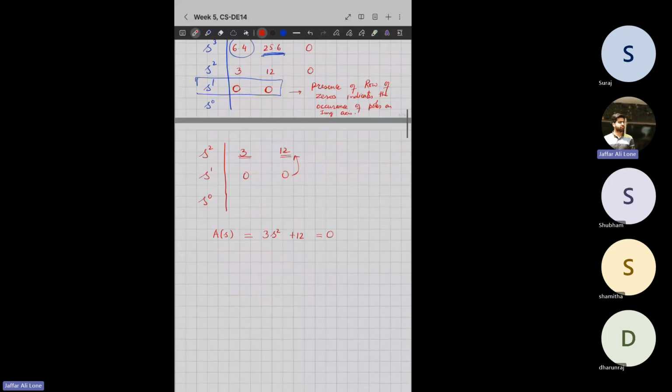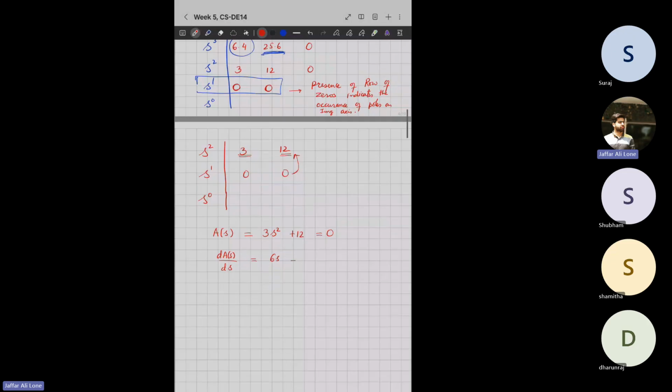Then after this, we differentiate it. I differentiated dA by ds, and what I get is 6s plus 0. Then I will use the coefficients of this derivative of the auxiliary equation to populate my row of zeros. In this case, my coefficients are 6 and 0.